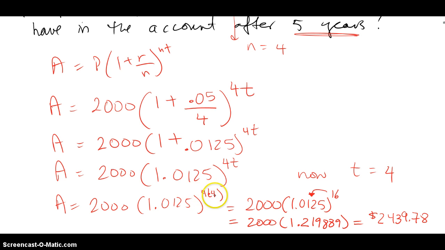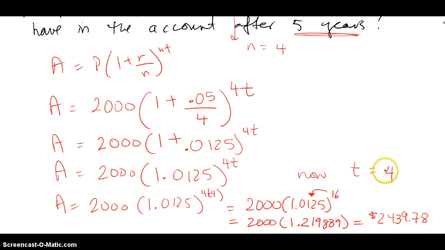So we raise it to the 16, 4 times 4 is 16. We apply the exponent to this base first. We carry some digits from our calculator, multiply it by 2,000, or following order of operations. So we get $2,424.39. In other words, 5 years later, that's how much is sitting in the account.